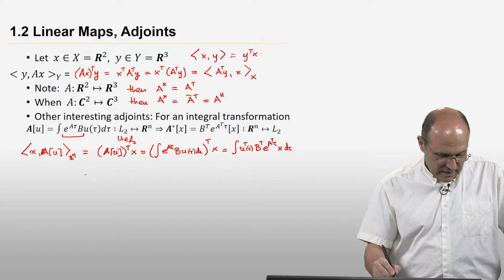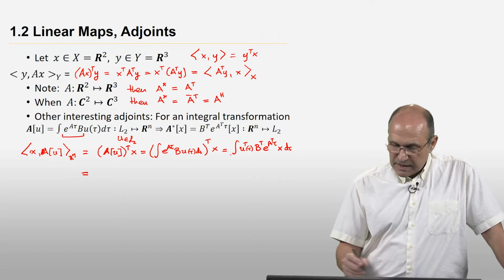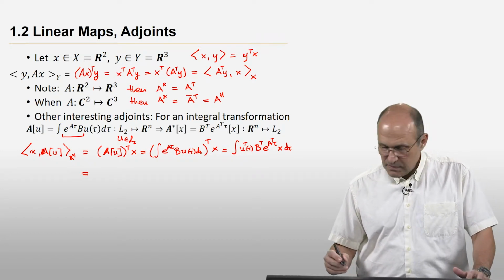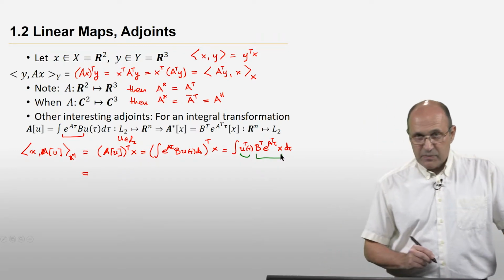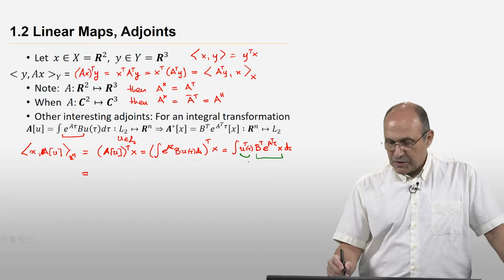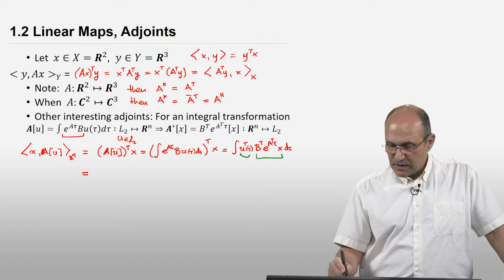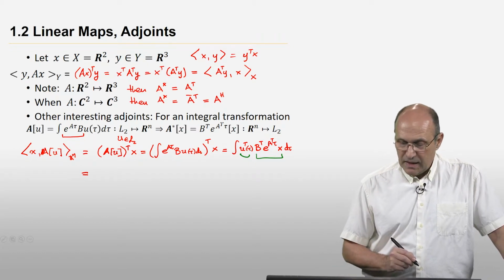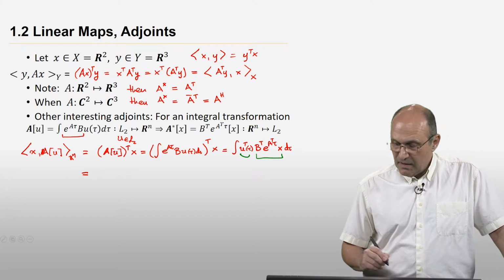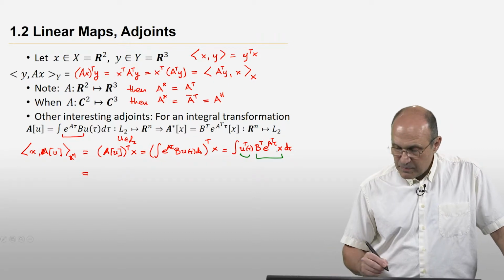Now I'll go to the next line. Recalling the inner product in L2, I can separate the two elements of the inner product here into different groups. I can look at u of tau transpose as one group, and then the rest of it is the element that comes from L2, so that's going to be the part of the adjoint.